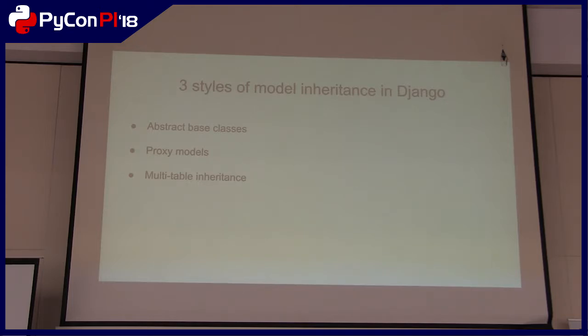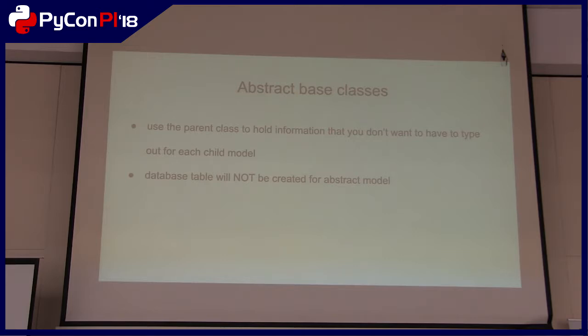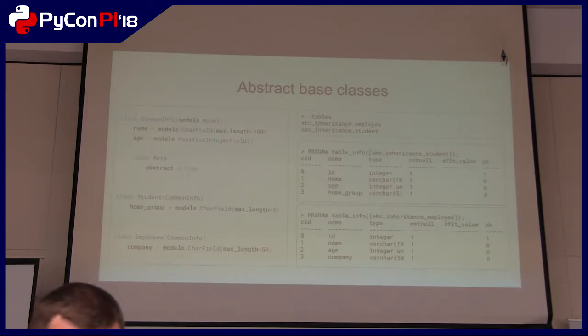First of them is abstract base classes, and in abstract base classes we use the parent class to store some common information that we'll use later in child models. But the most important point is that a database table is not created for this abstract model. And how does it look? We create a regular Django model with an inner Meta class and set the property abstract to True.